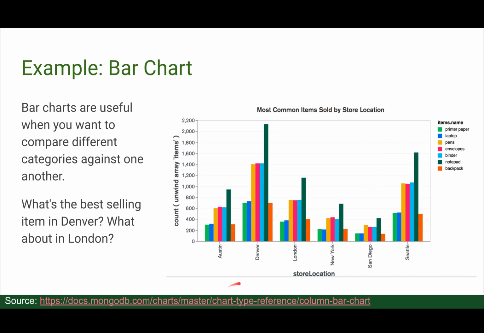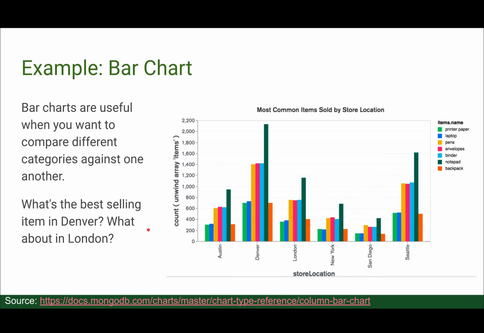And at the bottom, we can see our different locations. So in Austin, the best selling item is dark green, which refers to notepads. It looks like notepads are the best selling across all locations because they are the highest bar everywhere. We can see all of this information throughout all of our different locations.